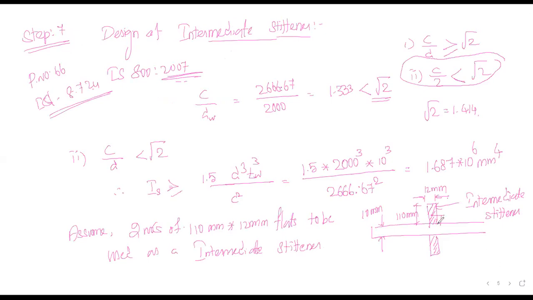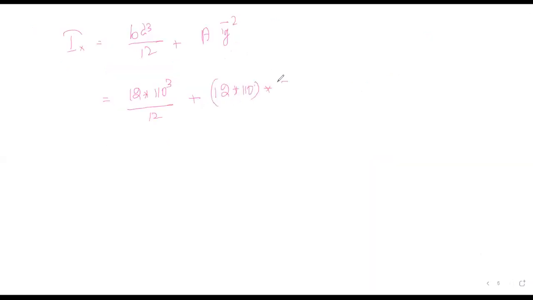For one section it is 55 mm, so 55 square. It comes around 1.69 into 10 to the power 6 mm to the power 4. So this is Ixx provided.